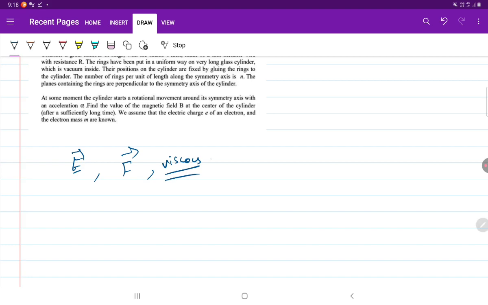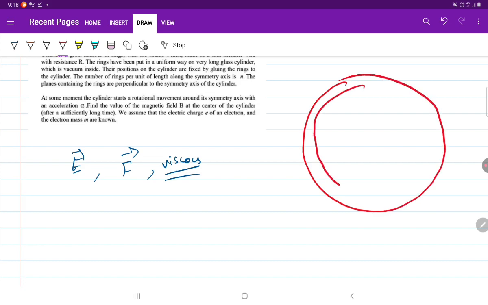So this is the concept of Drude's equation. Now, when the ring starts to rotate with angular acceleration alpha, the medium corresponding to it will start to rotate. Now the electron is at rest. Observe the blue dot to be the electron. The electron is at rest with respect to the lab frame.